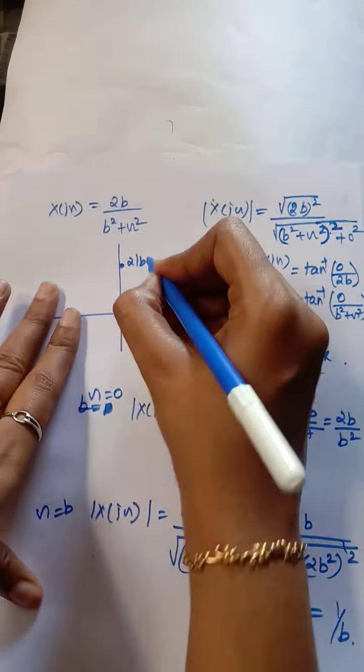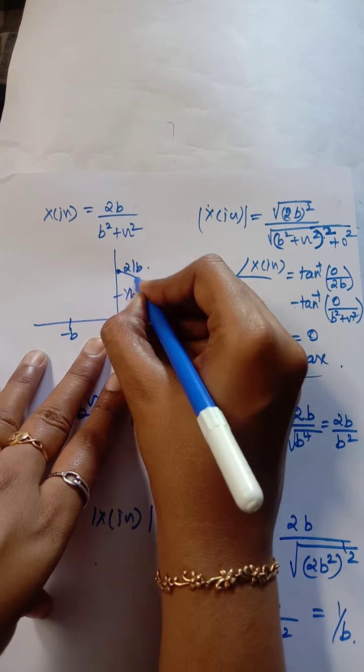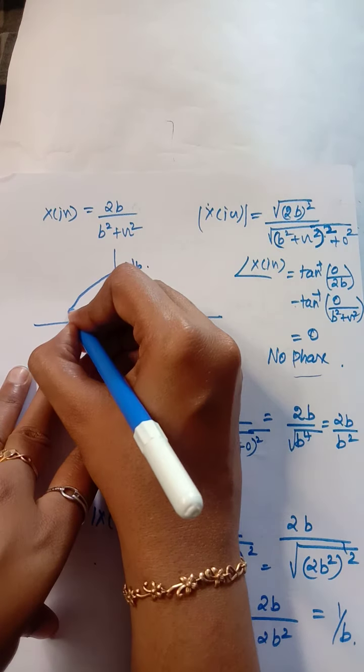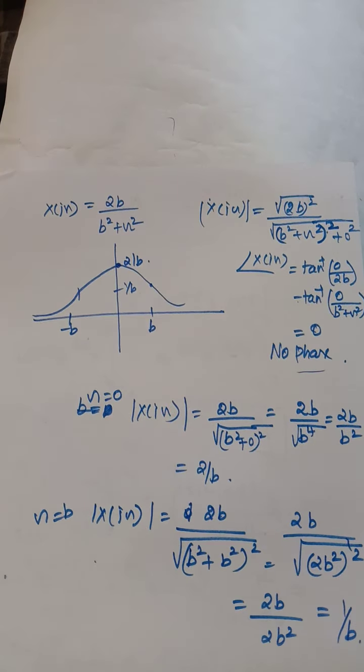So here it is 1 by b, and similarly here also you will have 1 by b, so you will have a plot like this.